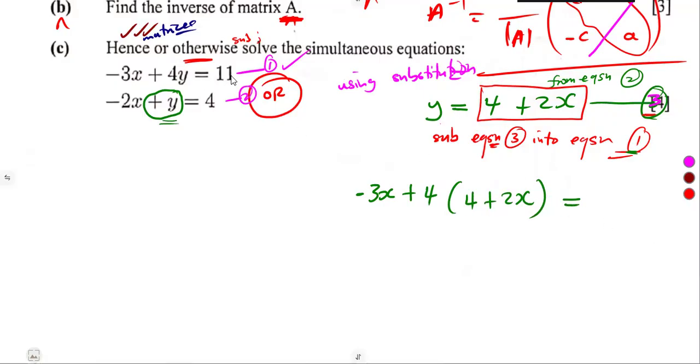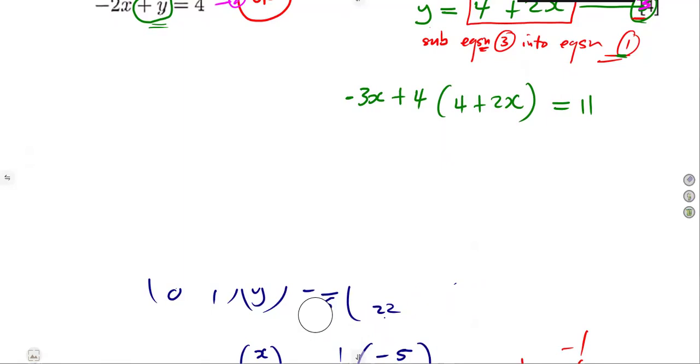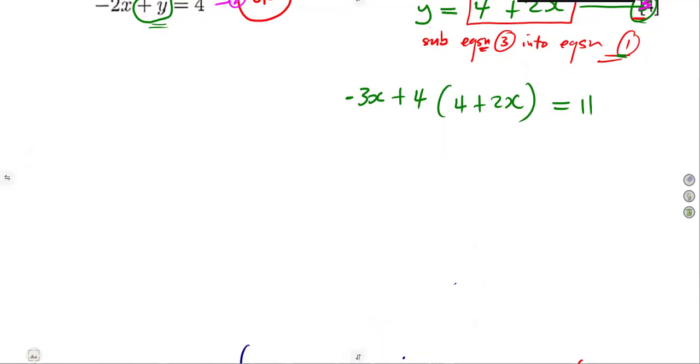So this is equivalent to what? It is equal to 11. We have formed an equation which is only in x. We no longer have two unknown values in this equation. So it is easier for us to solve for x, as we do understand our linear equations, guys.